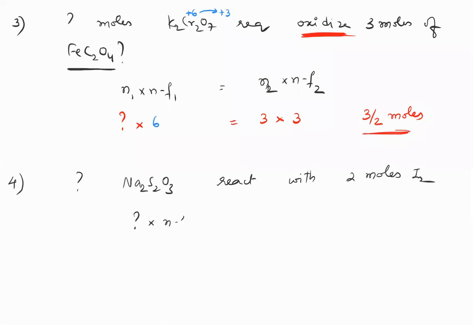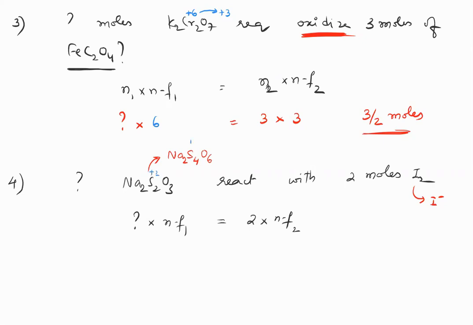Number of moles of hypo into its N factor is equal to number of moles of iodine into its N factor. When hypo and iodine react, these are the conversions. Hypo converts into sodium tetrathionate, Na2S4O6. Iodine converts into I-.